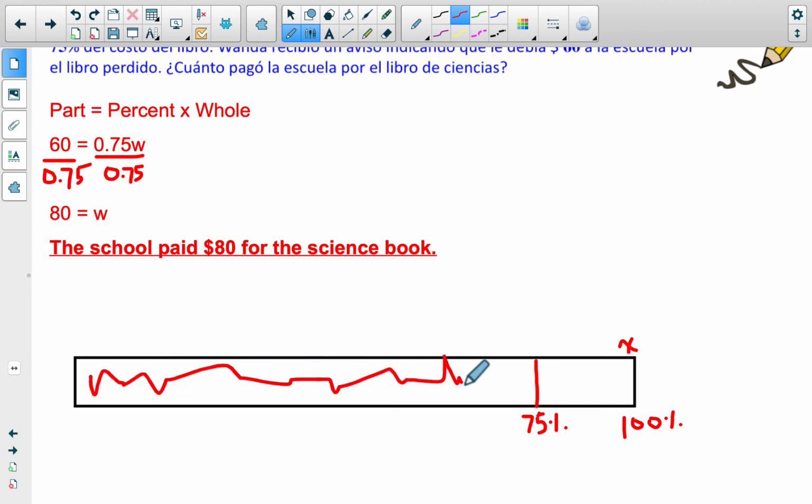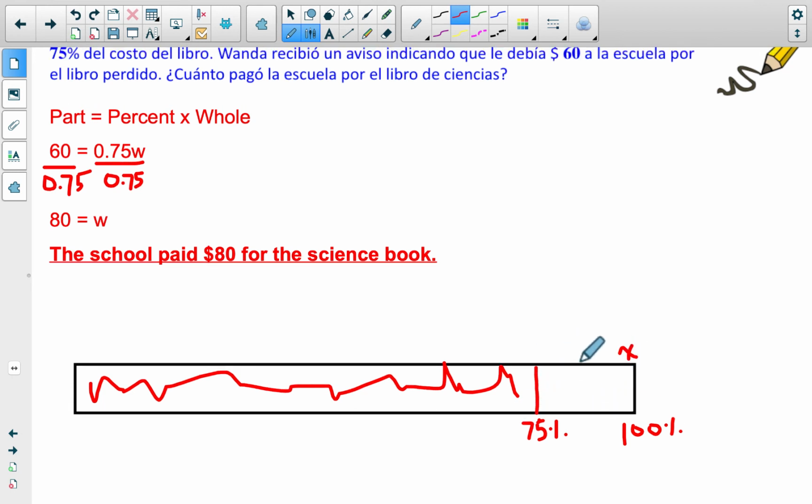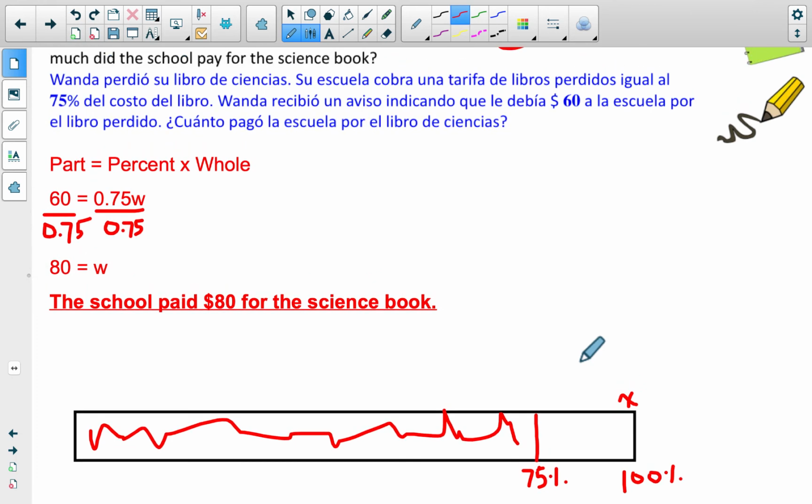It's a great shade-in job, right, guys? This part right here represents how much you have to pay if you lose the book. Okay? And the remaining white part here, this 25%, basically the school just eats that amount if you lose it. And we know 75% here is she had to pay $60.